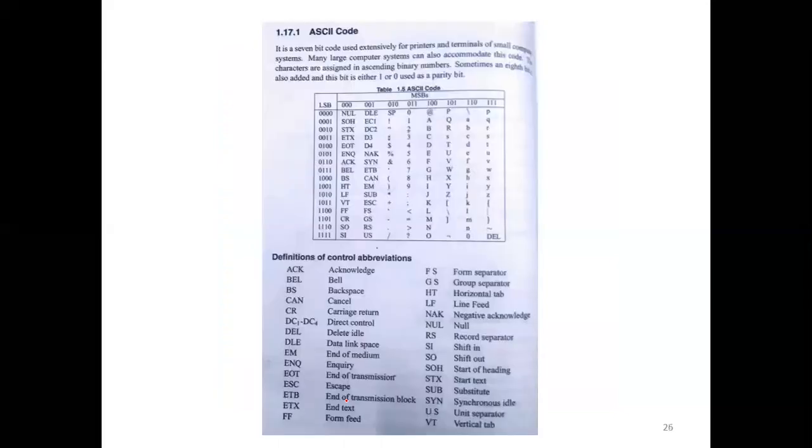So next codes, ASCII codes. It stands for American Standard Code for Information Interchange. This code represents symbols also. The previous ones represent numbers and alphabets, but here they represent symbols also.